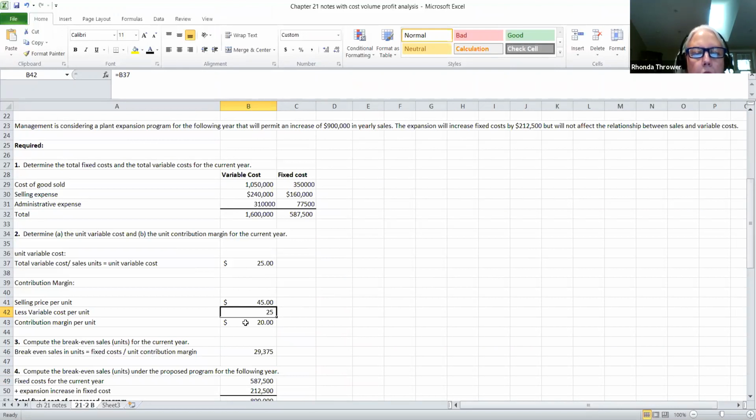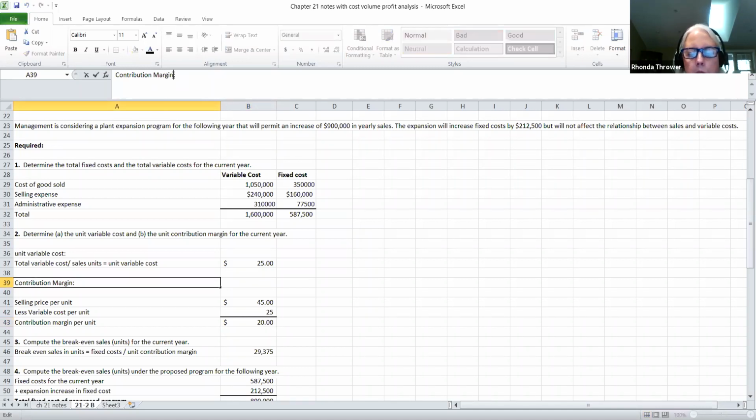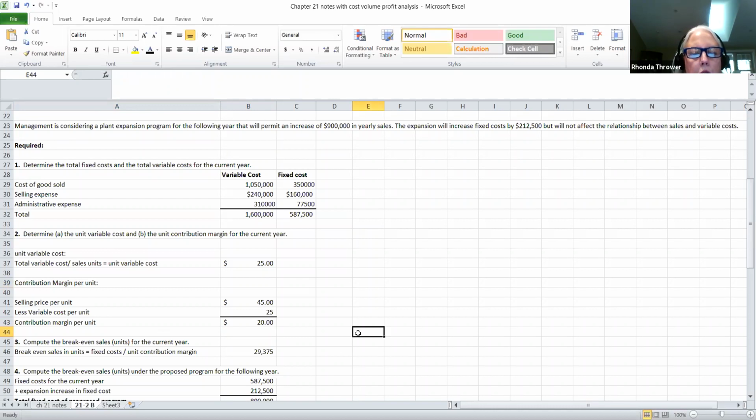And the difference will be the contribution margin per unit. This is how we would calculate the contribution margin per unit.